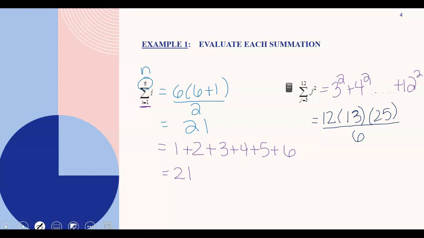And we got 645. And then you can try the formula.